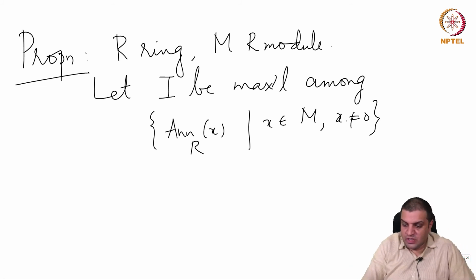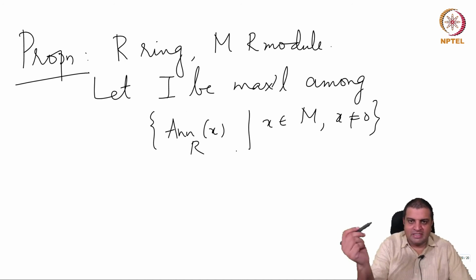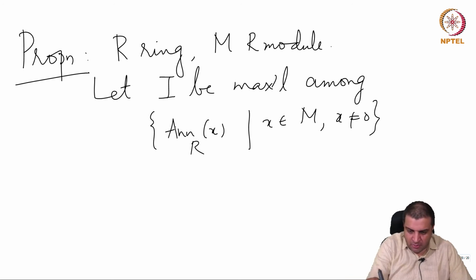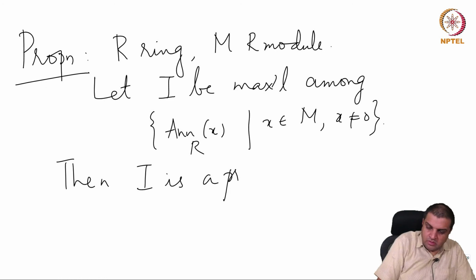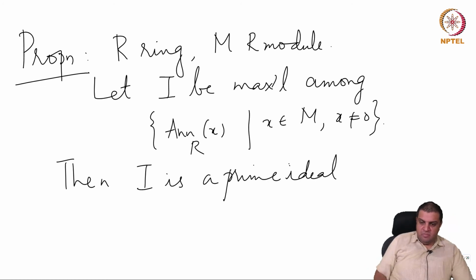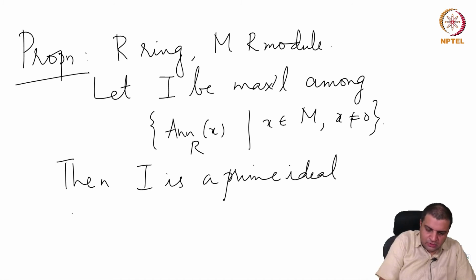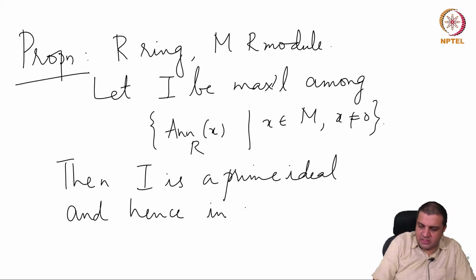If you put x = 0, then the annihilator is the full ring, and we don't want that in the set, because then that will automatically be the maximal. So these are proper annihilators of non-zero elements, so they are all proper ideals, and let I be maximal among these. Then I is a prime ideal, and hence associated. If it's a prime ideal with this property, then it is an associated prime.